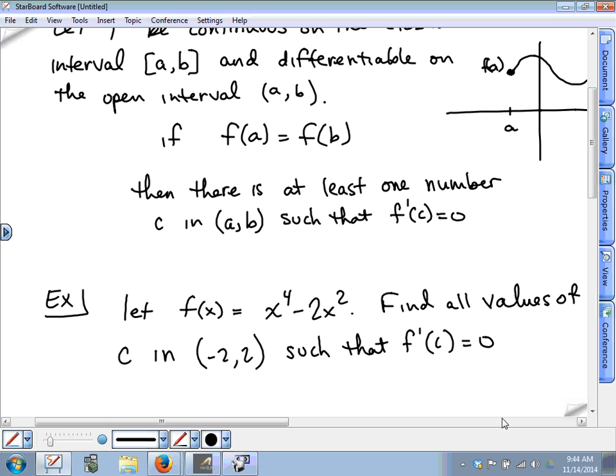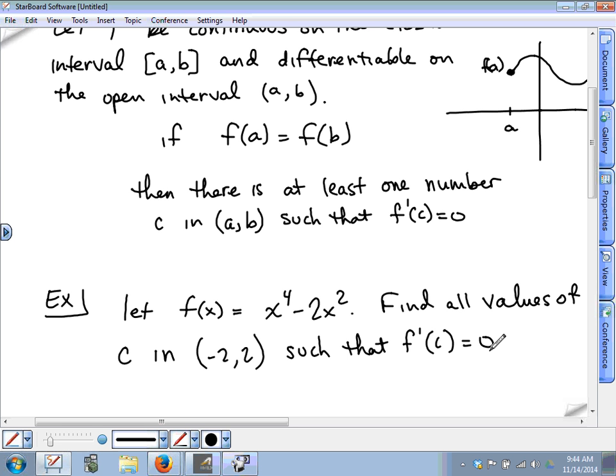So let me explain why this problem is even here, because it seems like just stuff we did last time with finding critical numbers. Is it even guaranteed that we're going to be able to find any values of c where f prime of c equals 0?